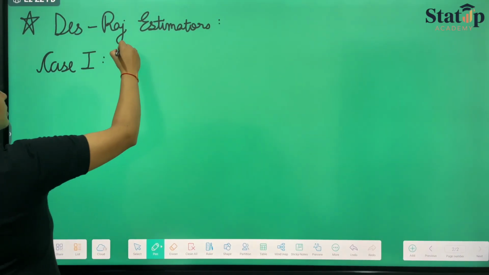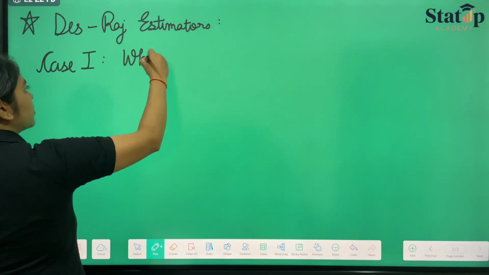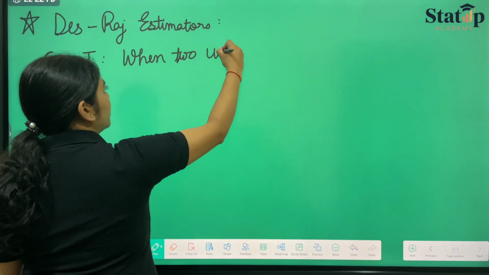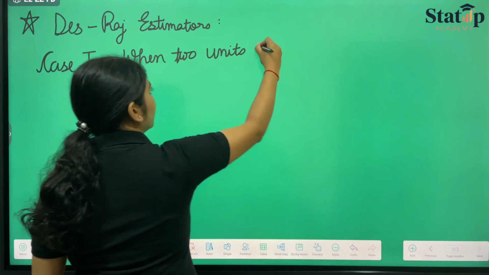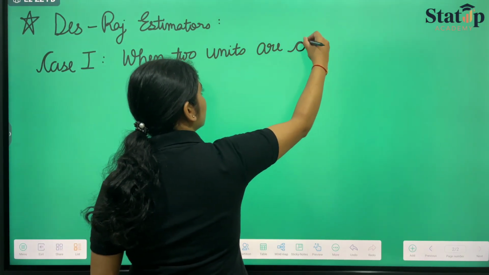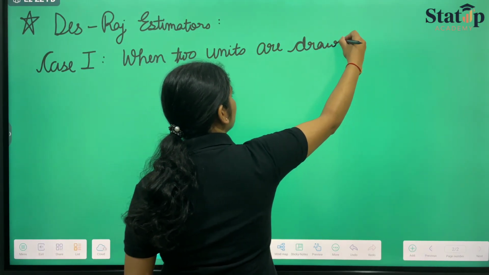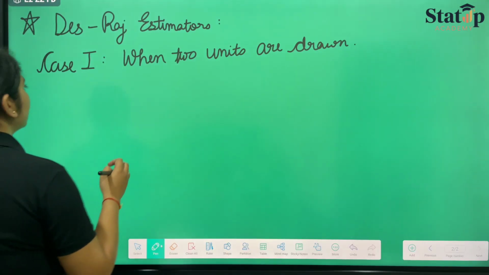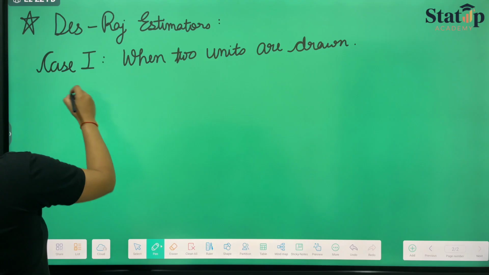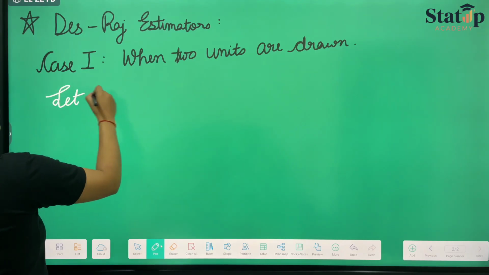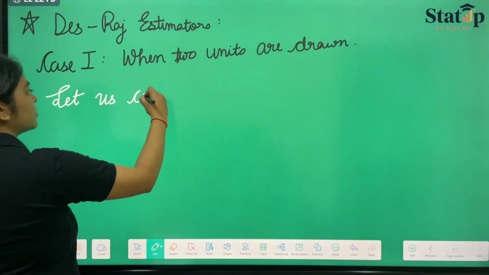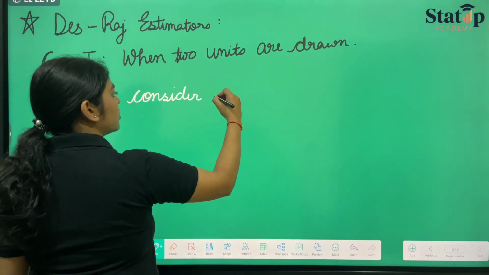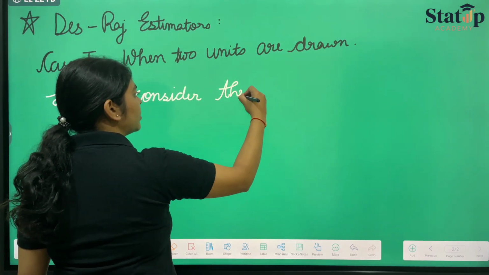So case 1 is when two units are drawn. In this case, let us consider the estimators as follows.